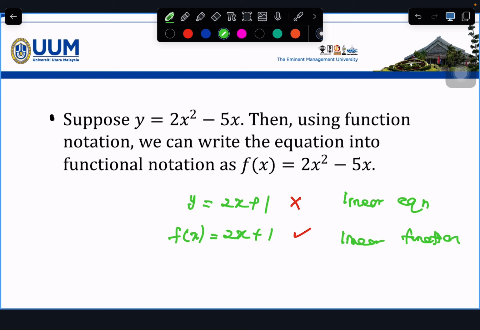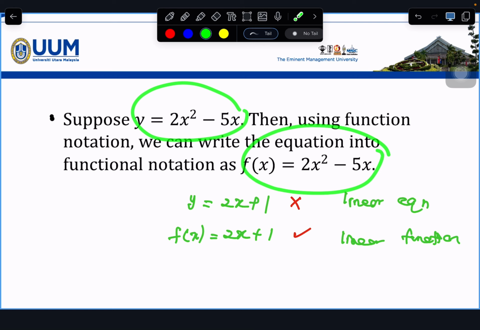Okay, and if you compare above here, what do you notice the difference there? F(x) and y. Okay, so if your question asks you to write a function, my suggestion is use this one: f(x), h(x), g(x), etc.